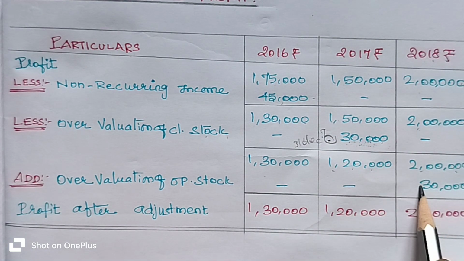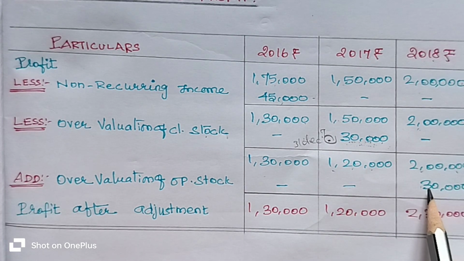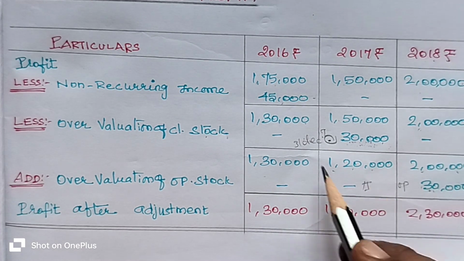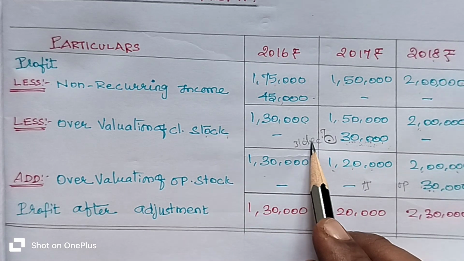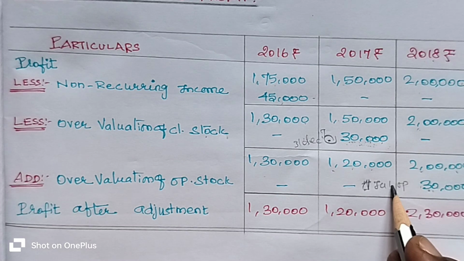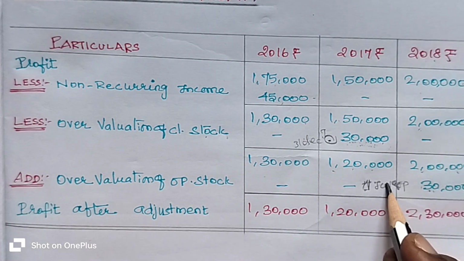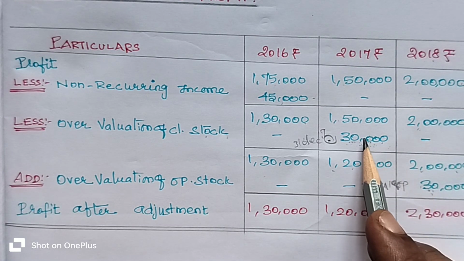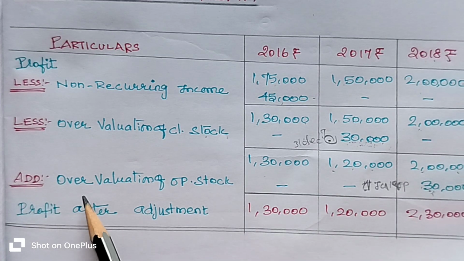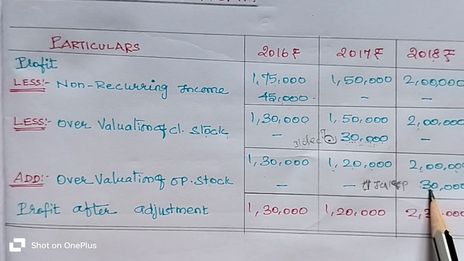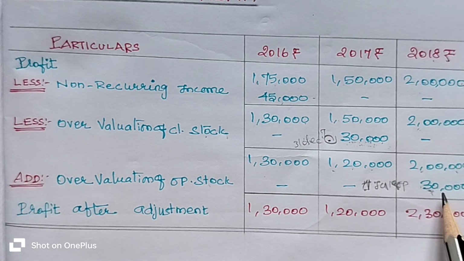As per the format, that 30,000 rupees overvaluation is the next accounting period's opening stock. What is the next day after 31st December 2017? 1st January 2018. So the next accounting period opening stock is 30,000 rupees, so you have to write the overvaluation of the opening stock as 30,000 rupees.